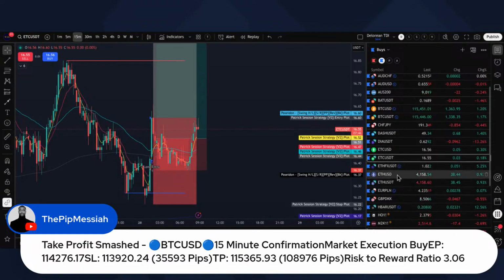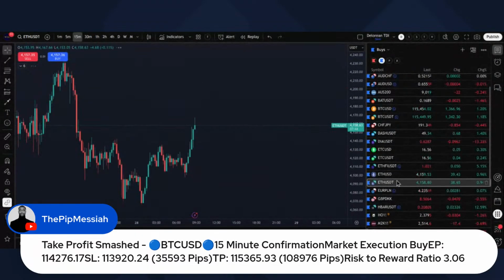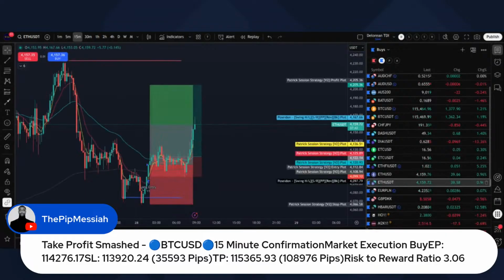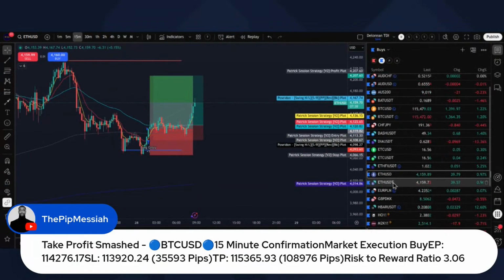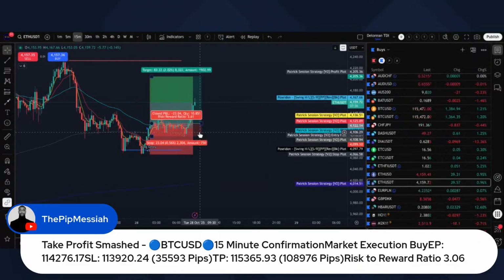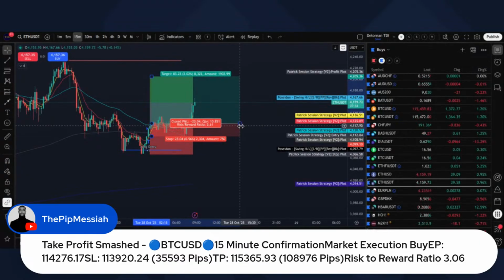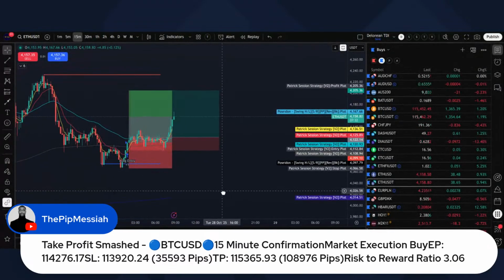They're not as far in profit. Ethereum is about halfway there. So if you're in Ethereum, you can move your stop loss to entry price to lock in your profit.